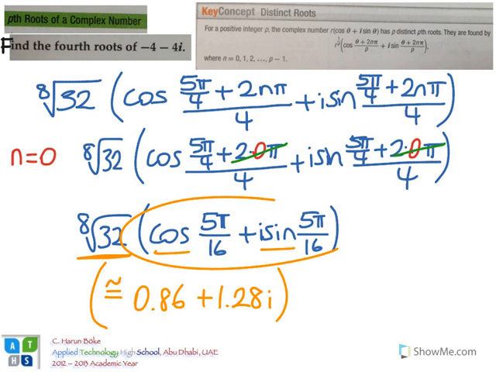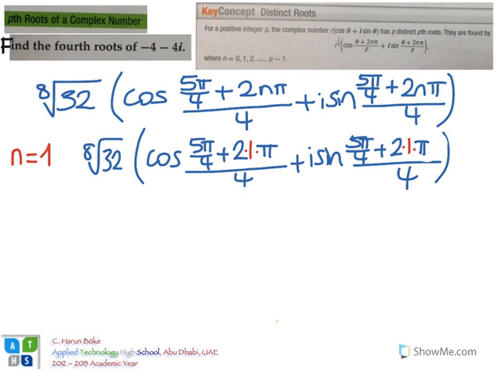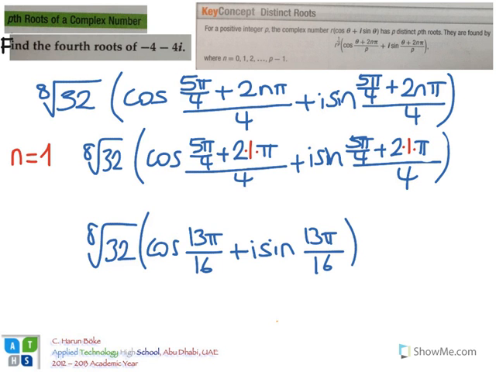Next, we have n equals 1. When we substitute 1, this is what happens, and when we fix it up, we have 8th root of 32 times cosine 13 pi over 16 plus i sine 13 pi over 16. For n equals 2, when we substitute 2 instead of n, we get at the end 21 pi over 16 in the calculation of the angle.